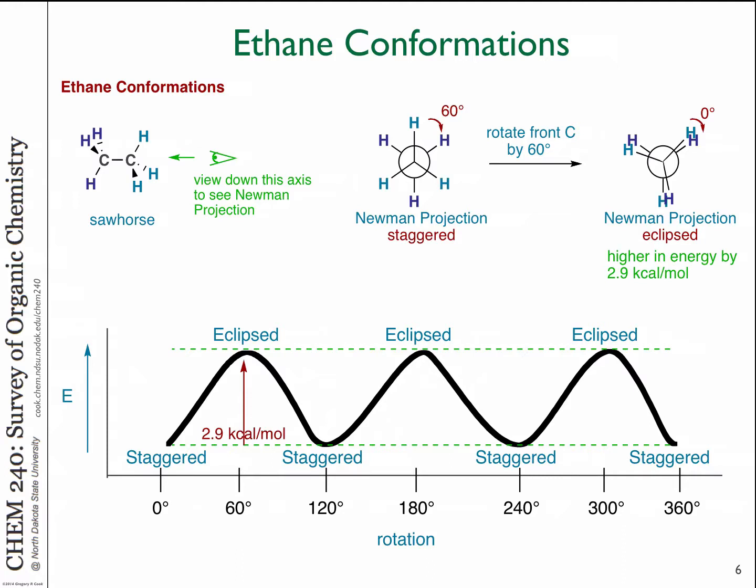So if you recall from Thursday, we looked at different ways to view the conformations in the sawhorse view, and then if we look down the axis of the carbon-carbon bond, we can get a projection of that, trying to represent this on a two-dimensional page that looks something like this.